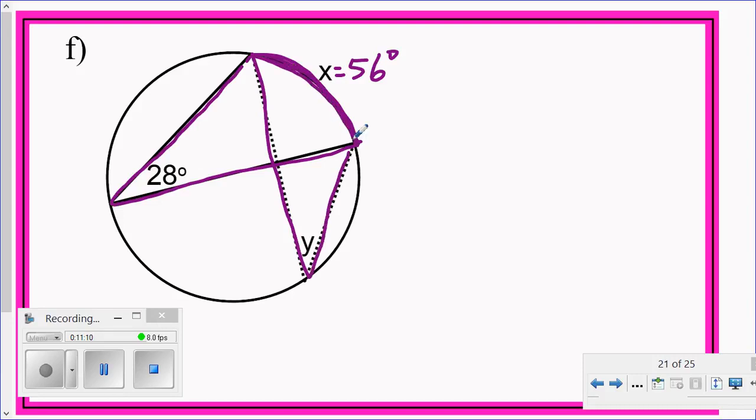It has the exact same intercepted arc. So I can see that Y is also going to be 28 degrees, because again, if I take the arc 56 degrees and I divide it in half, I would get the inscribed angle, which is 28 degrees. So whenever you have something like this where you have 2 inscribed angles that share the same intercepted arc, then those 2 inscribed angles will have the same measure or be congruent.